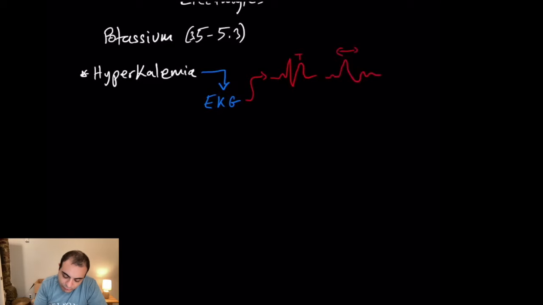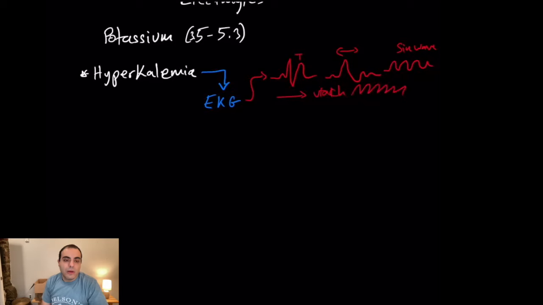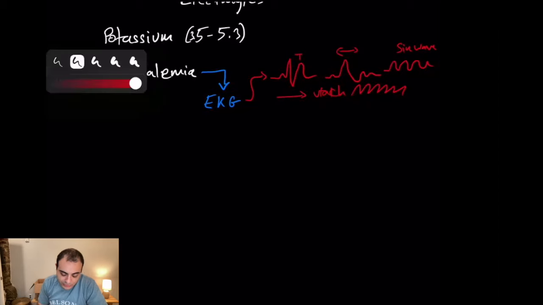And then if it gets wide enough, the QRS complexes will start marching with each other, you will get something called a sine wave. That's severe hyperkalemia. And then finally, you get VTAC essentially. Okay, and VFib perhaps later on. But this is the progression of hyperkalemia in terms of what exactly happens.